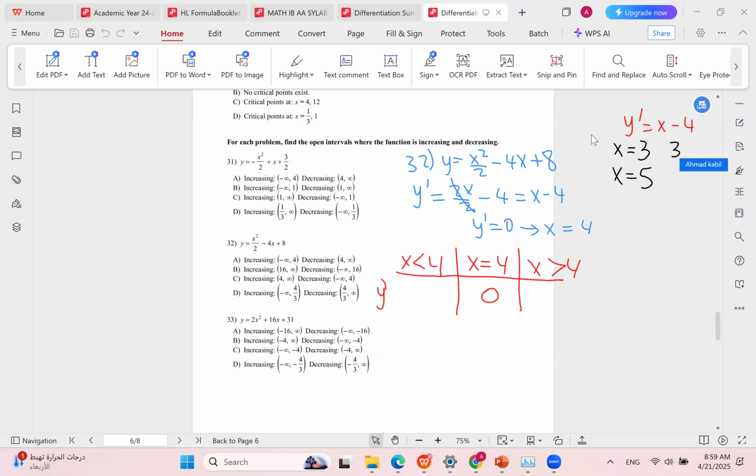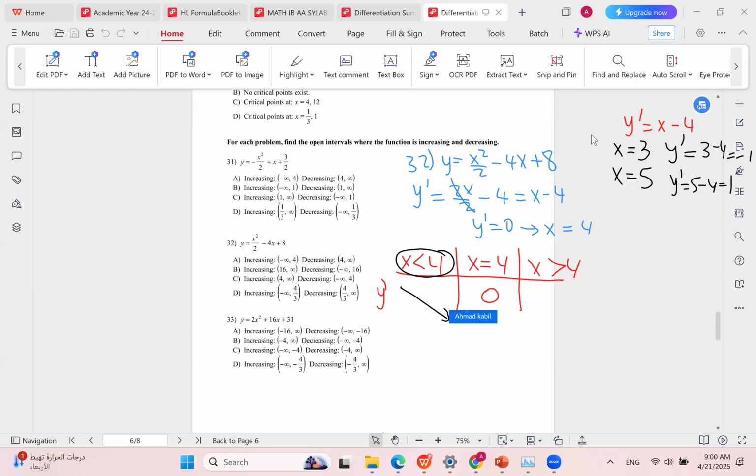So here, I'll just write y dash first. So here y dash equals 3 minus 4. And this is negative 1. Here y dash equals 5 minus 4, and this is positive 1. So for 3, which is any value less than 4, we have a negative slope.